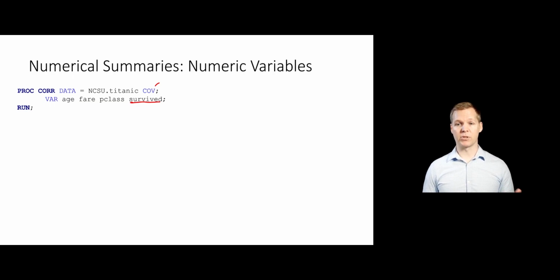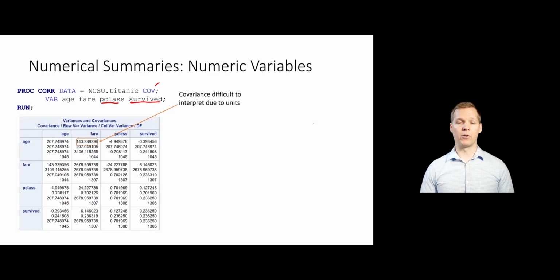It doesn't quite have the same interpretability, but it's okay. And then pclass, this was a variable that took on, I think, 1, 2, and 3. But it is what we would refer to as an ordinal variable. So 1 is better than 2 is better than 3 in this case, I believe. And you can do correlations on that, although you need to be a little bit careful whether the difference between 1 and 2 is the same as the difference between 2 and 3 and things like that. But we'll be able to go ahead and look at those correlations anyway.